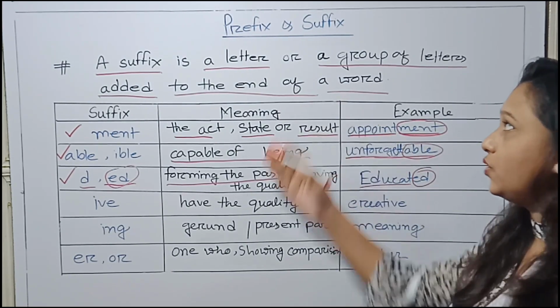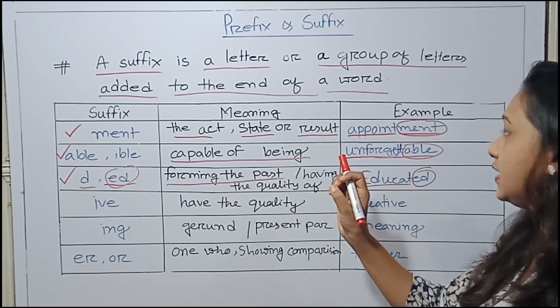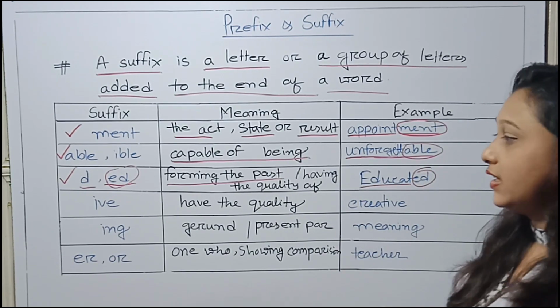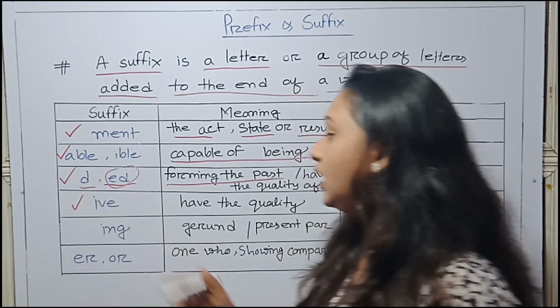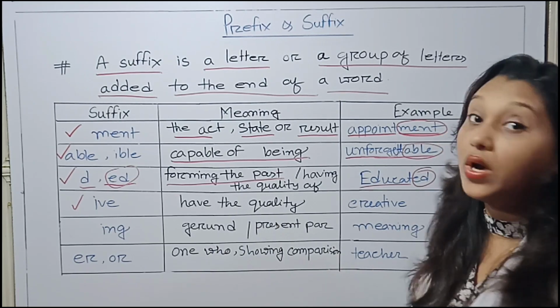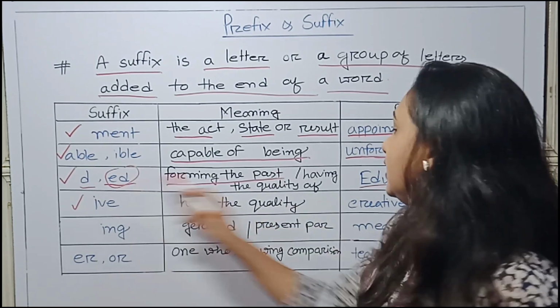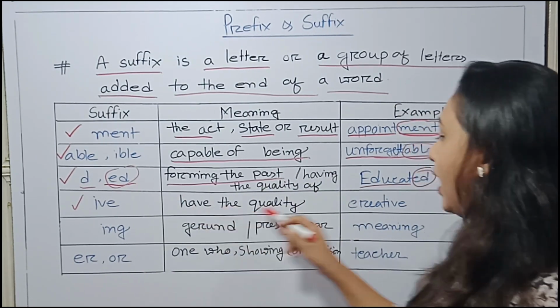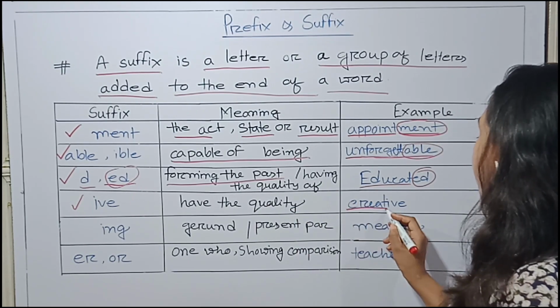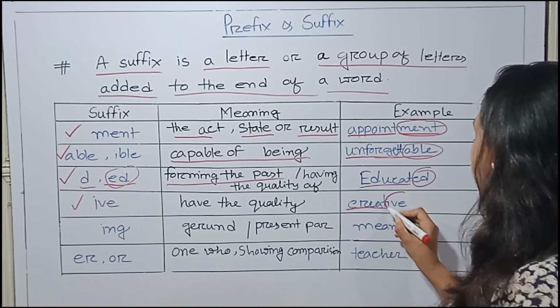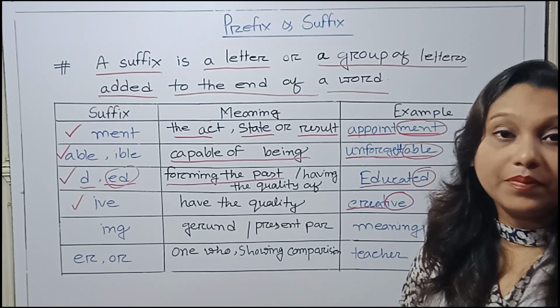By this way you can also use this type of suffix after a root word. Next one is ive, that means having the quality of. So creative: create, after that we use here ive, creative.